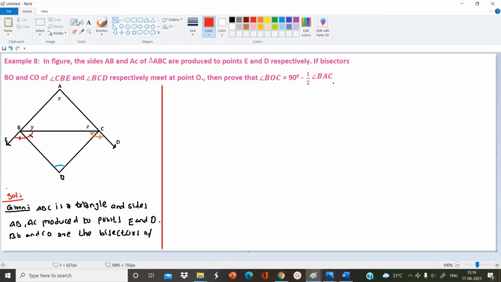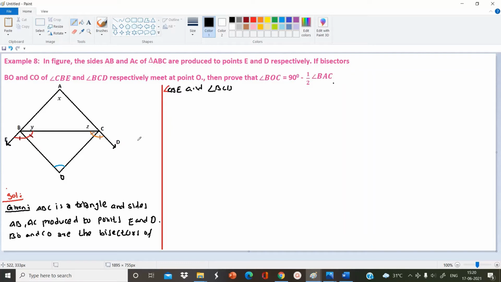So write that bisectors of angle CBE and angle BCD. Here you can see BO is the bisector of angle EBC and CO is the bisector of angle BCD.